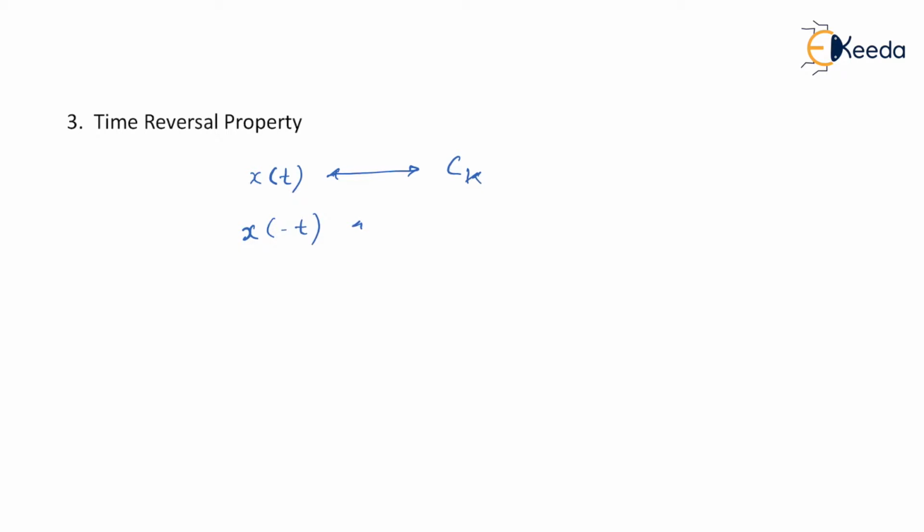It is simply c of minus k. So how to get c of minus k from ck? It's simply replace k with minus k. So this is the way we get c of minus k. So c of minus k is just to replace k with minus k in ck, that is Fourier series coefficient for x of t.